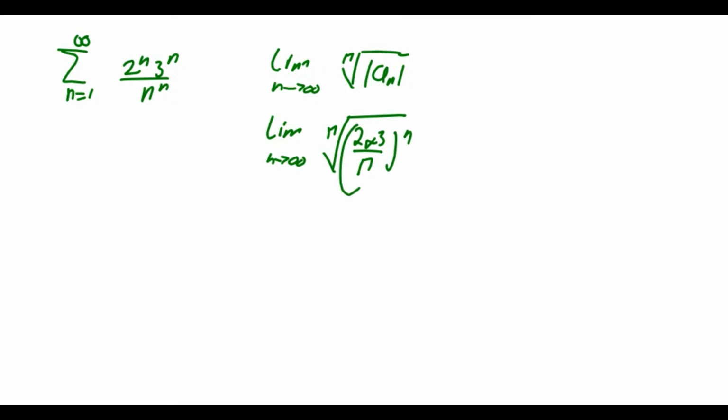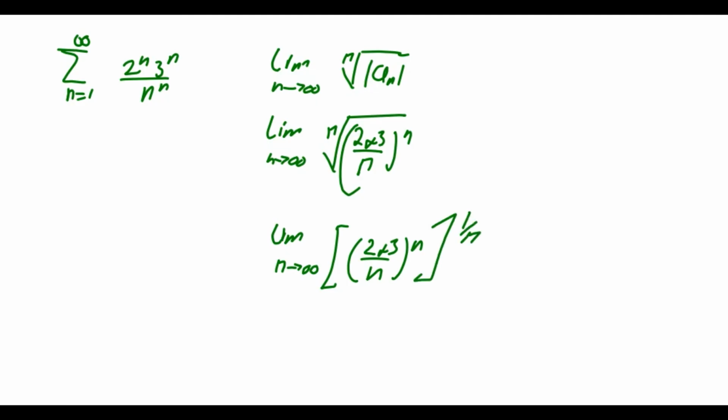Remember that the root can be written in another way. So that would be open bracket 2 times 3 divided by n, to the power n, raised to the power 1 over n, of which this n can cancel out. So you just remain with the limit as n approaches infinity of 6 over n.